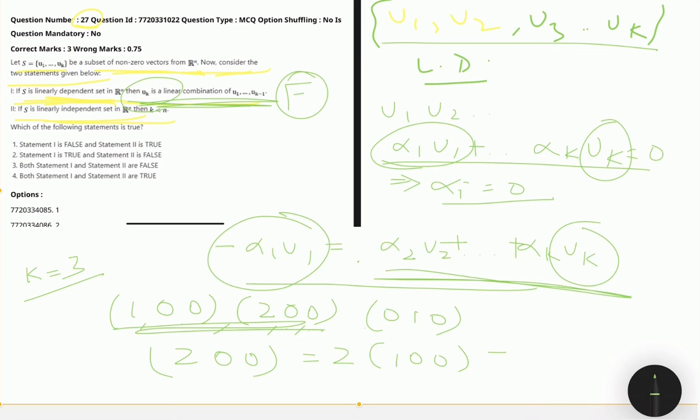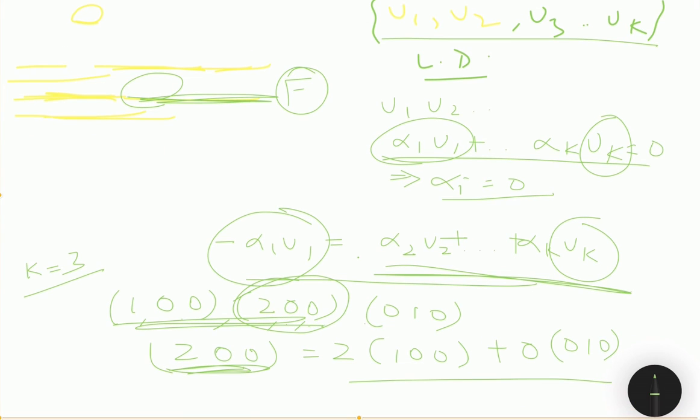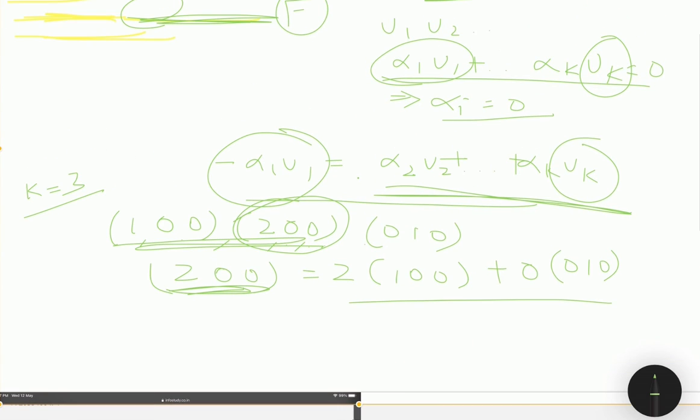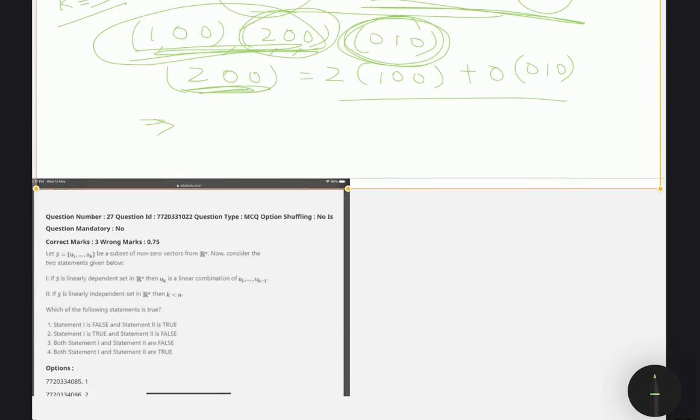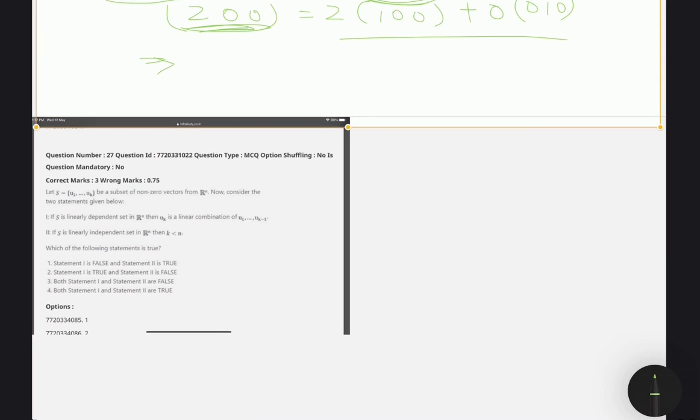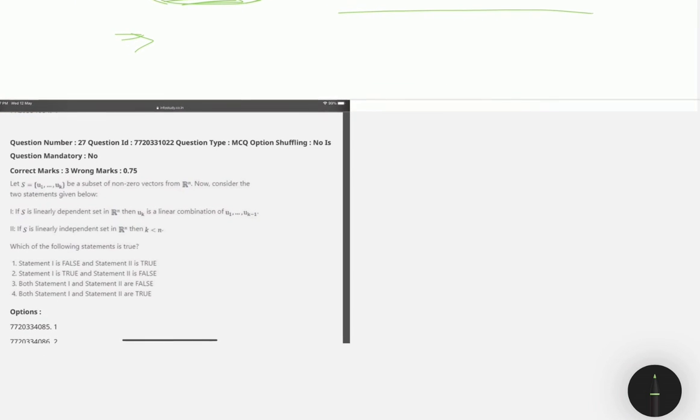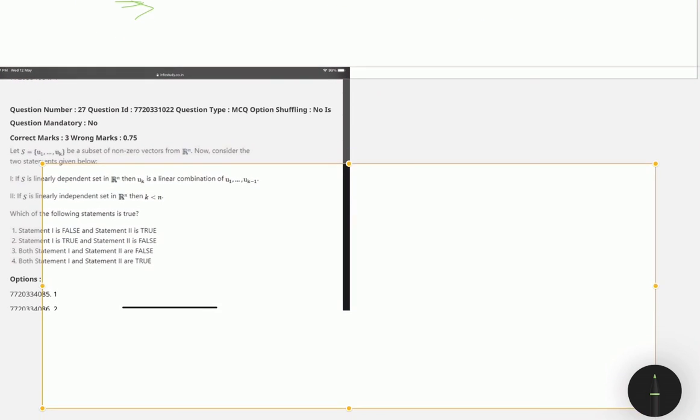And the second one can be written as a linear combination of the other two members, but our third one is not a linear combination of the remaining two. That's what we were talking about, right? So my first option is false from here, right?